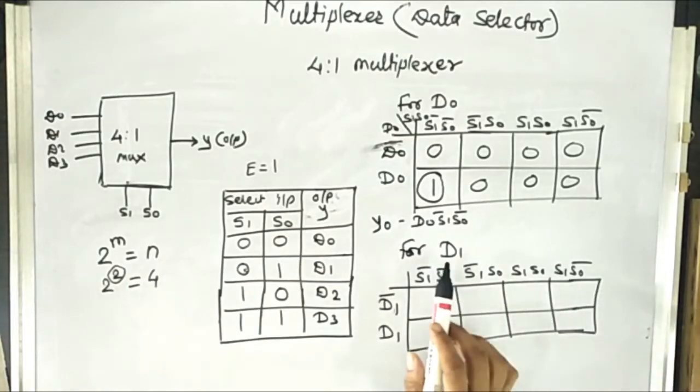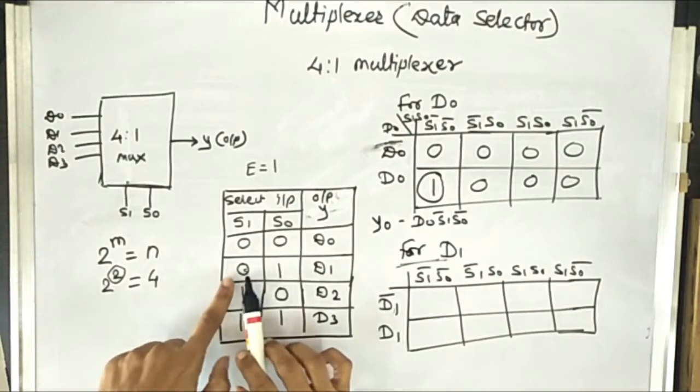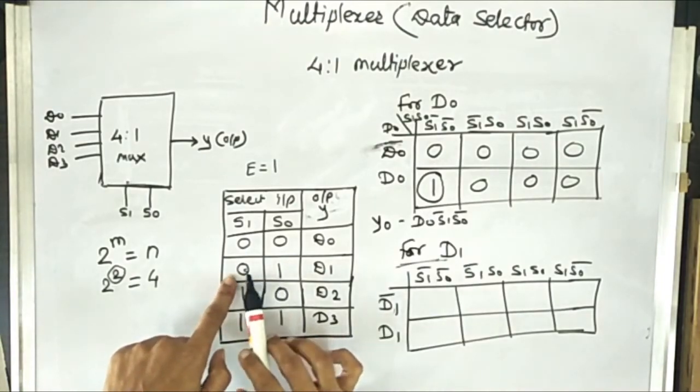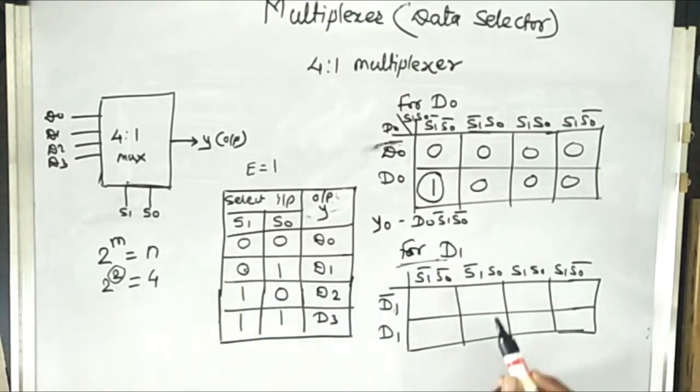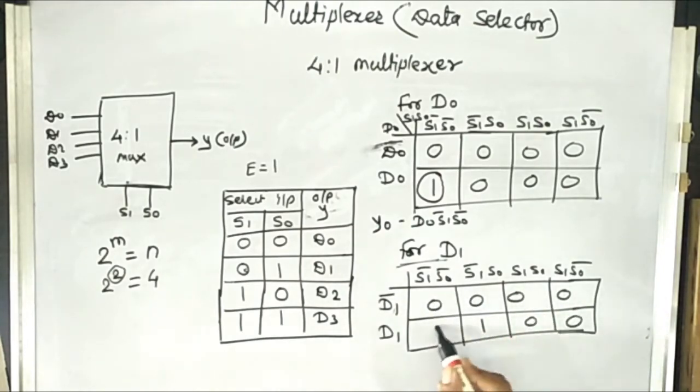So here for this D1, the output will be 1 when D1 is 1, for the input combination when S1 is 0 and S0 is 1, that means S1 bar S0. All the other times the output will be 0.